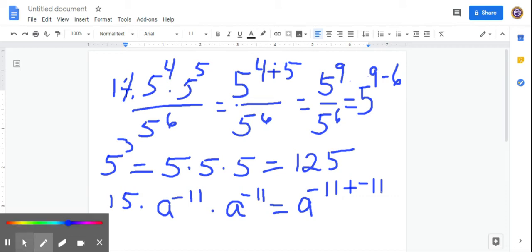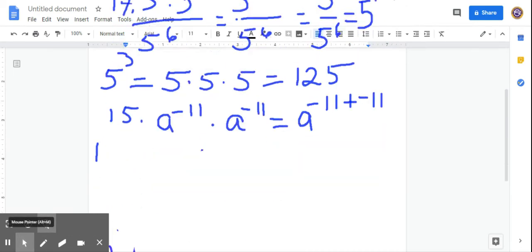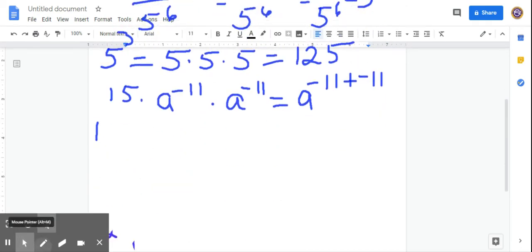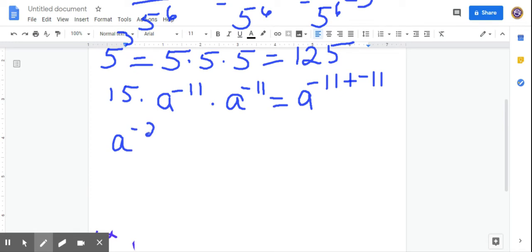When we do that, when we add, we get a to the negative 22nd power, negative 11 plus negative 11.